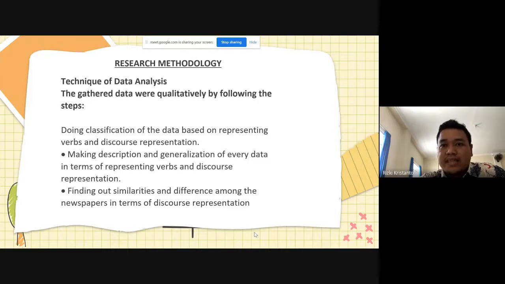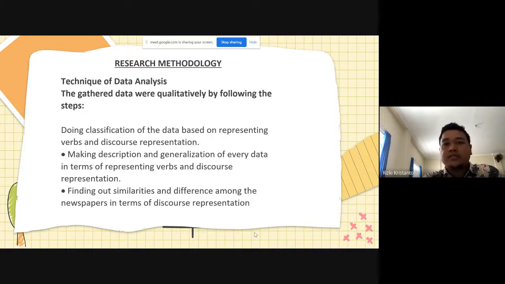And the next one is the technique of data analysis. We analyzed the data qualitatively by following steps. The first one is doing classification of the data based on representing verbs and discourse representation. And the second one is making description and generalization of every data in terms of representing verbs and discourse representation.